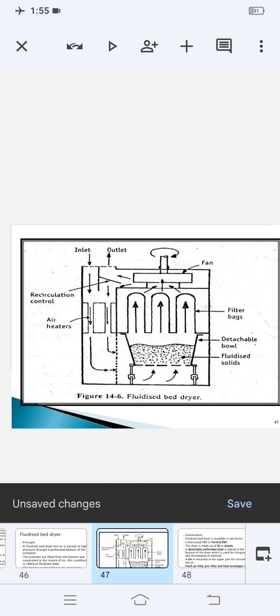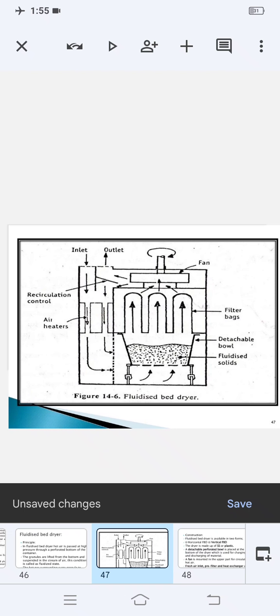You can see here the construction is like this. It is made up of stainless steel, and a detachable bowl is placed at the bottom of the dryer, which is used for charging and discharging. The bowl has a perforated bottom with a wire mesh that supports the materials to be dried.